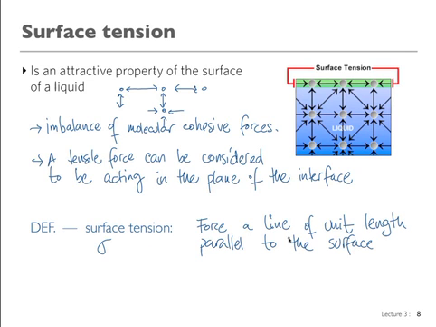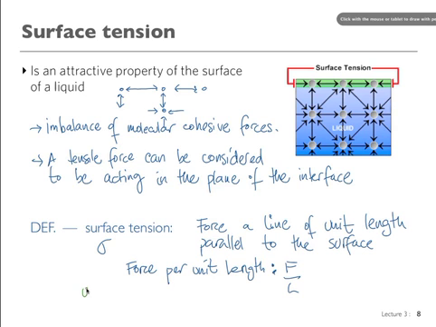And the dimensions, I said, is a force per unit length, or force divided by L, length, and the units then in our metric system are going to be Newton per meter, and in the British gravitational system are going to be pounds force divided by feet.